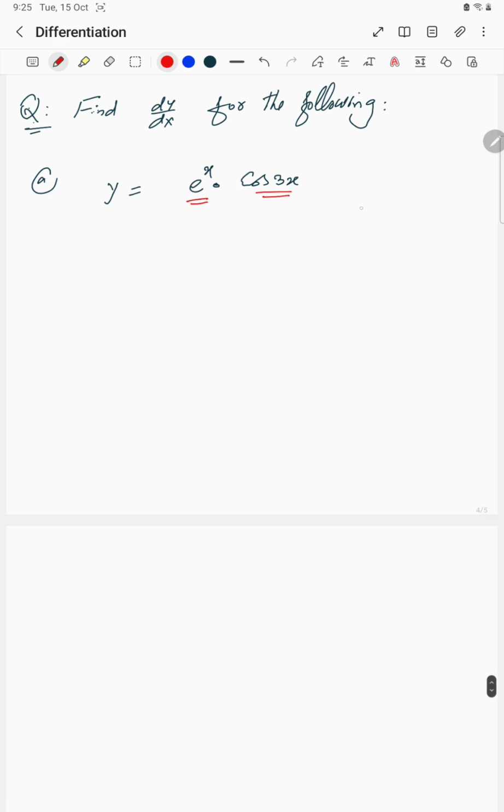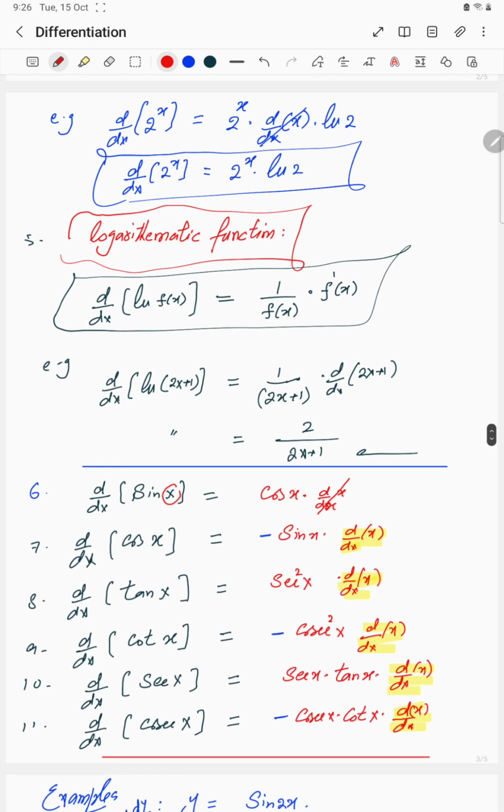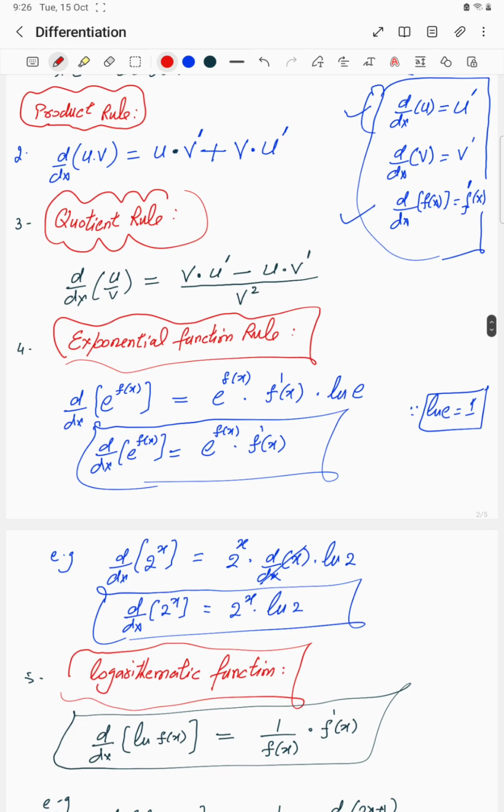So we will use the product rule with their individual derivatives. We can suppose one is u and one is v. The product rule is very clear here. I'm going to review it: the product rule is number 2, and this was the quotient rule.